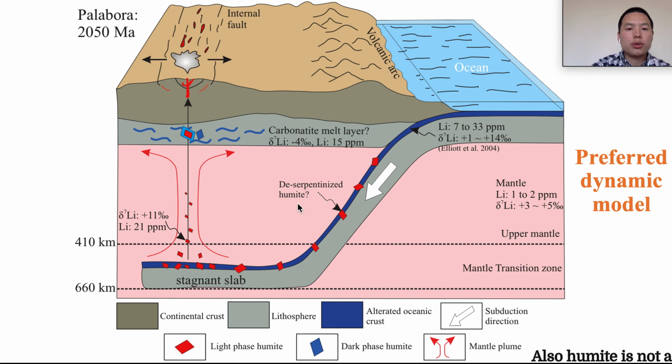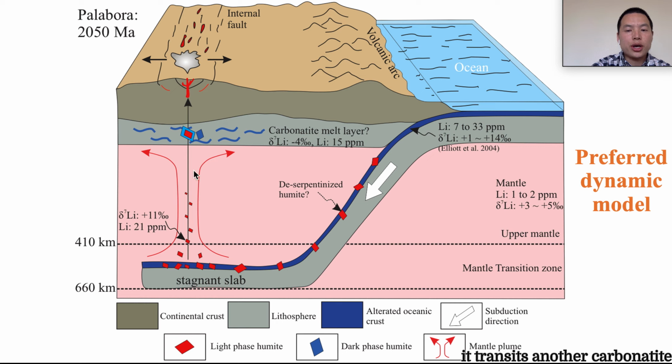Also, humite is not a typical mineral in the mantle, but it can be easily formed by breakdown of serpentine. So we suggest the earliest humite may form by the breakdown of the serpentine and be delivered to the base of a plume by a stagnant slab.